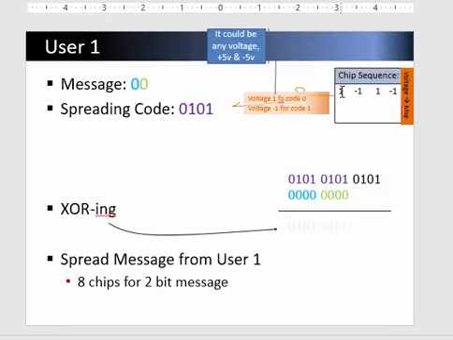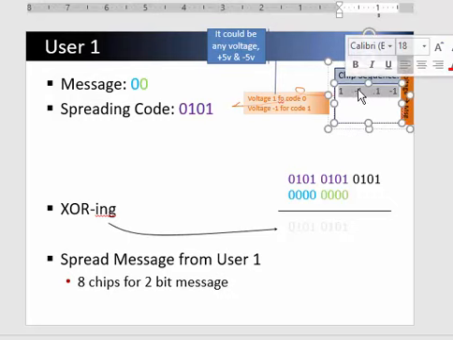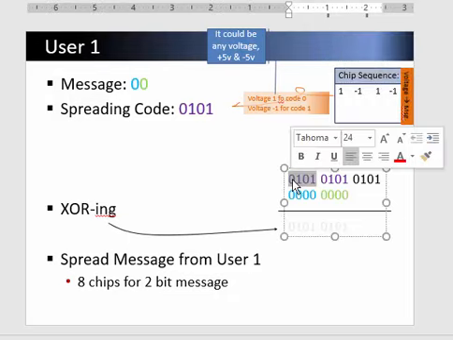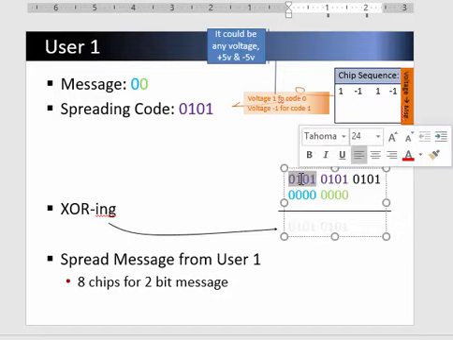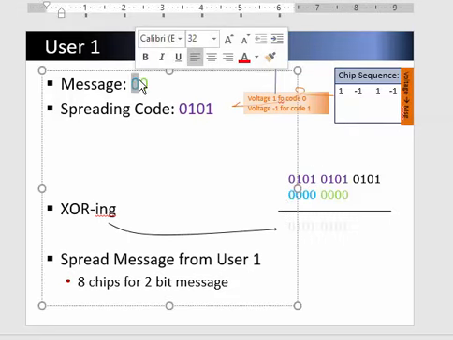So 1, minus 1, 1, minus 1, 1, minus 1 in the chipping sequence or signal voltages can be converted: 1 will be 0, and minus 1 will be 1. Therefore, we have these sequences. Okay, and we have 2 data items, 0 and 0.